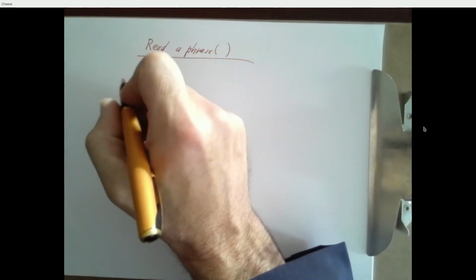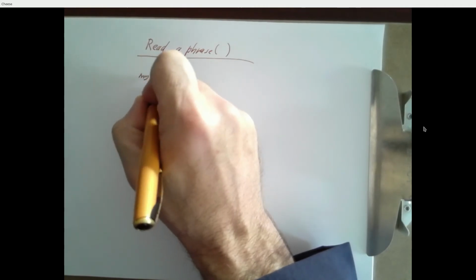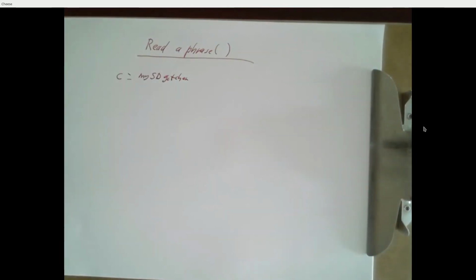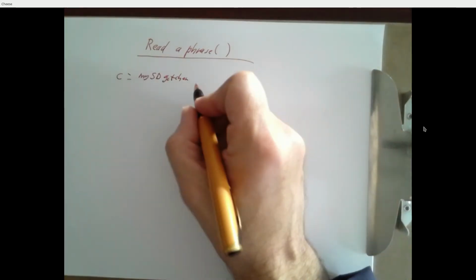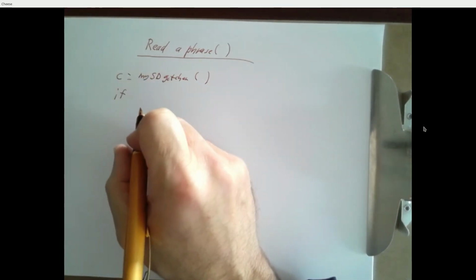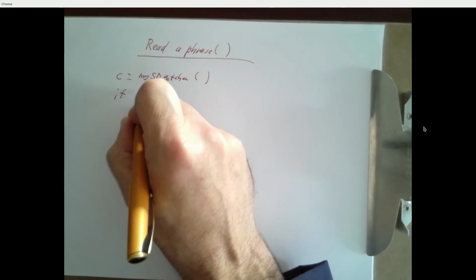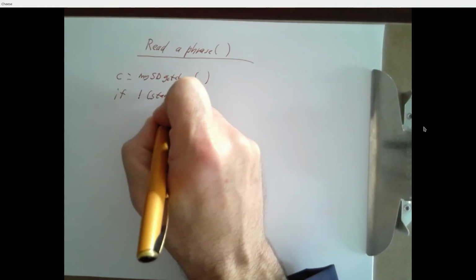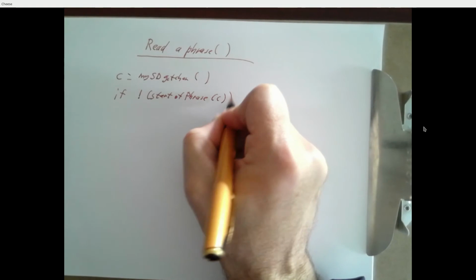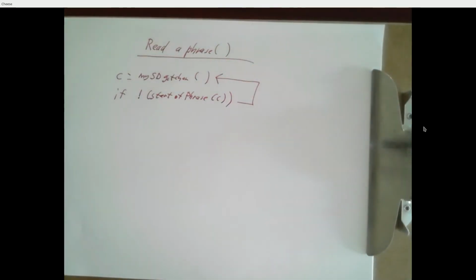So I'll call my super duper get car, right? And I'll save that in C. If C is not the start of a phrase, I'll go back up here and get another character.